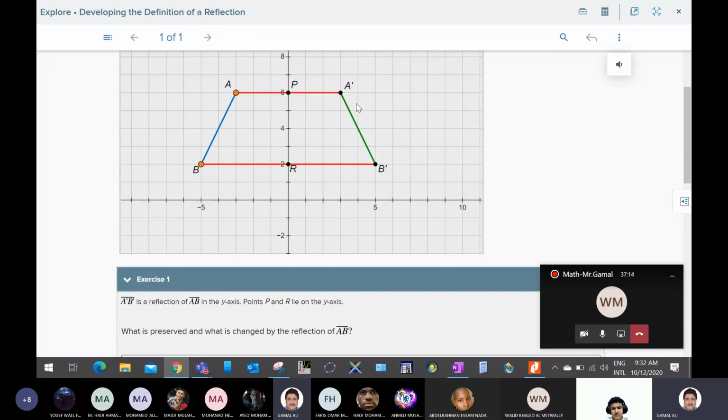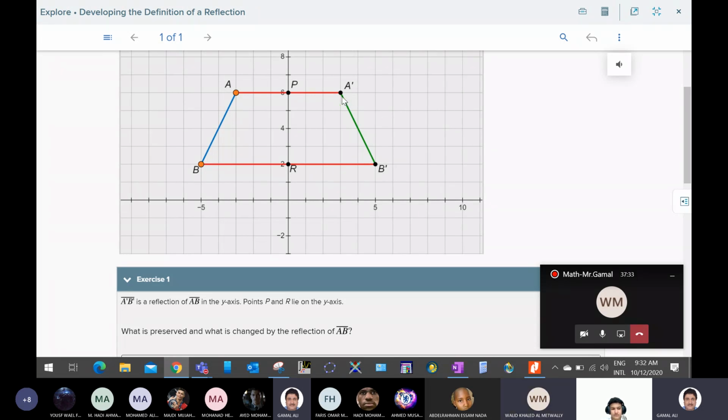We can say equidistant, meaning they are at the same distance from the y-axis. Do you understand? Yes, they are the same distance. Can it be the same length or no? No. The point doesn't have a length.